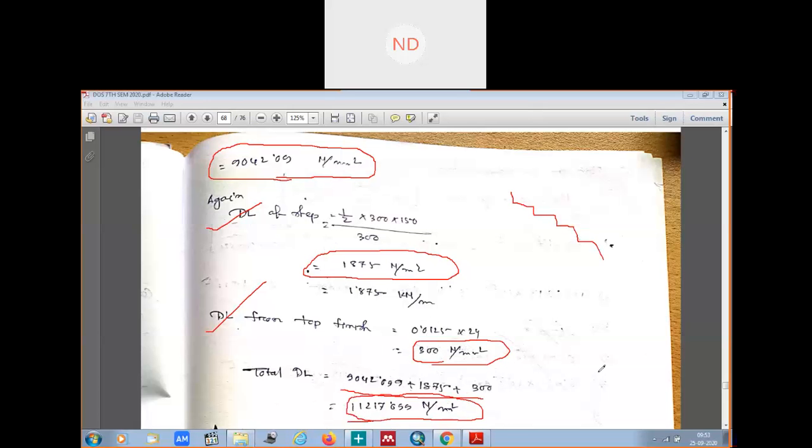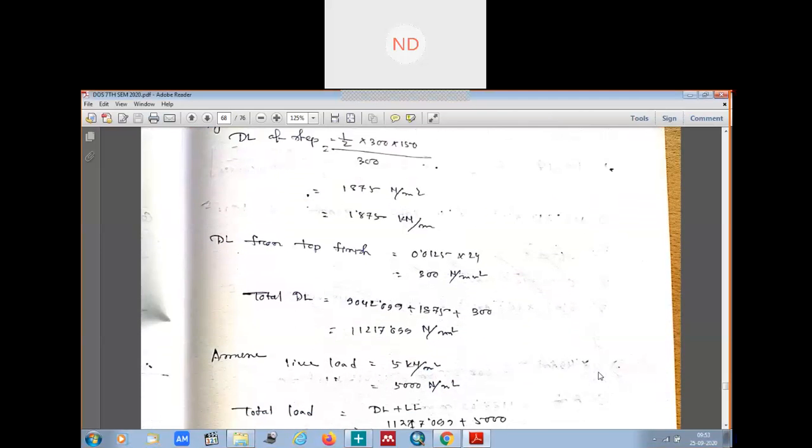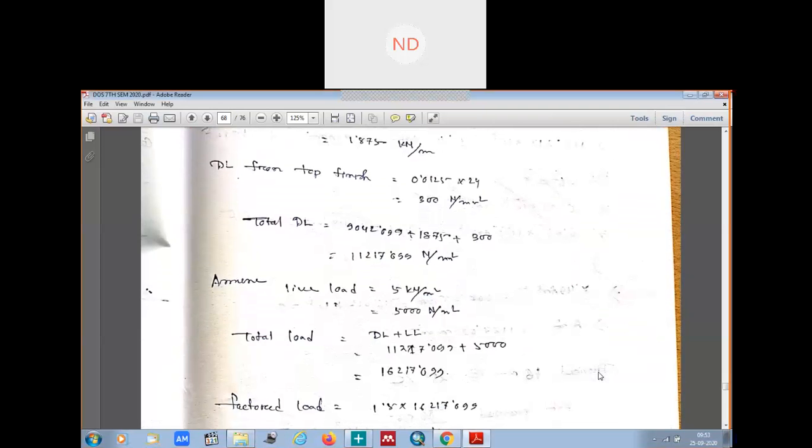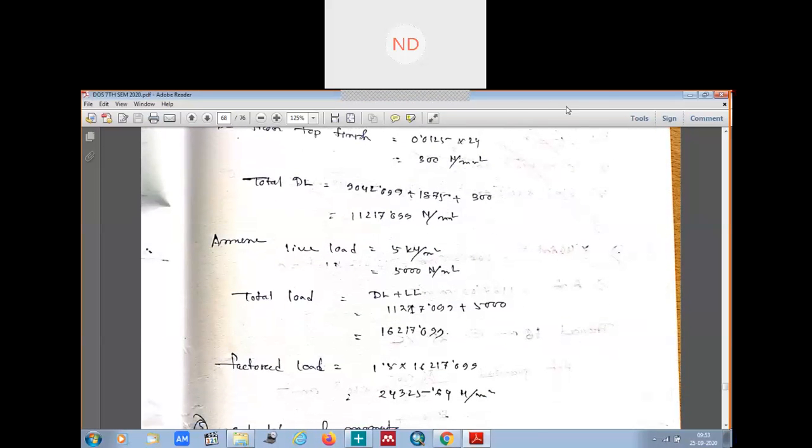Once we have our total dead load, we can calculate our live load also. Then we can find out the factored load. The live load is given to us in our question, 5000 Newton per meter square.